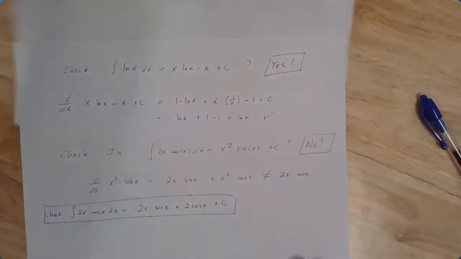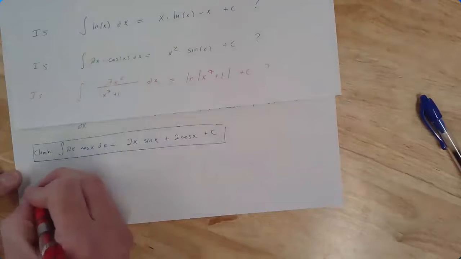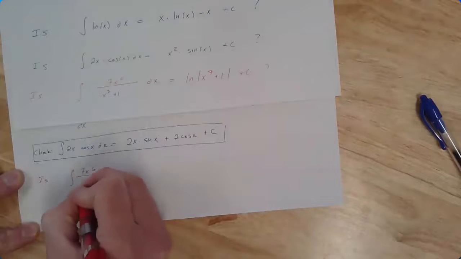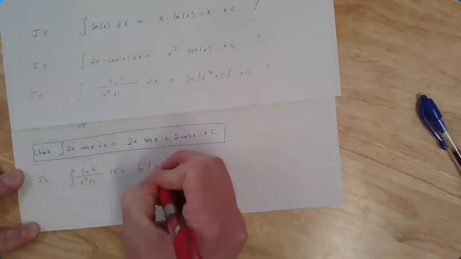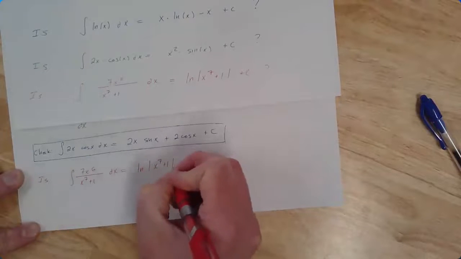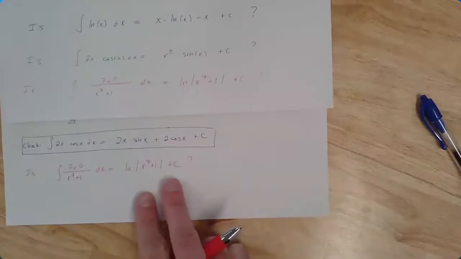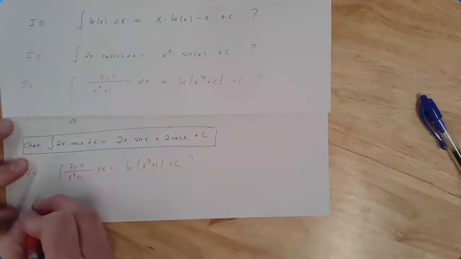Let's look at the last one that I wrote down here, which was: is the integral of 7x to the 6th over x to the 7th plus 1 dx equal to the natural log of the absolute value of x to the 7th plus 1? Let's see. When you take a derivative of the natural log of the absolute value of everything, you kind of just ignore the absolute value. So I'm going to just pretend like it's not there.